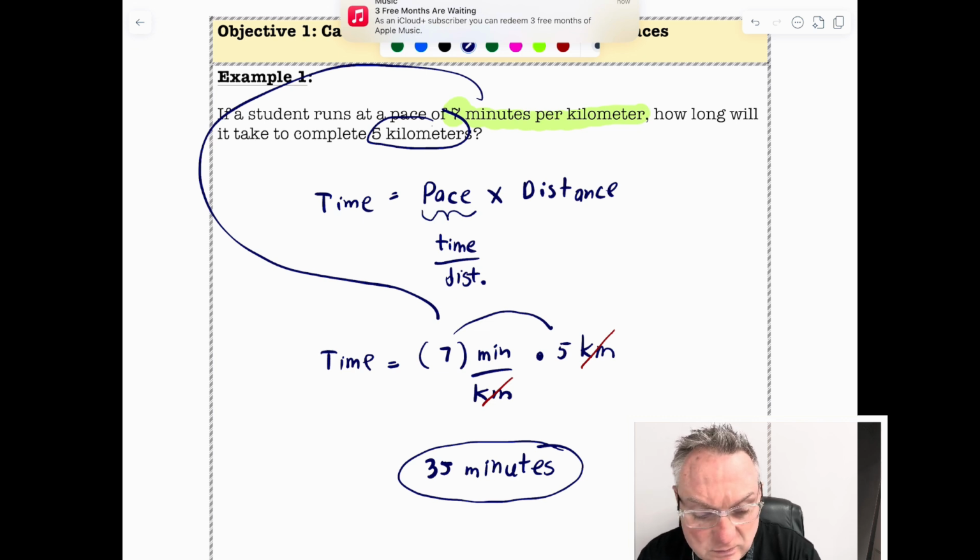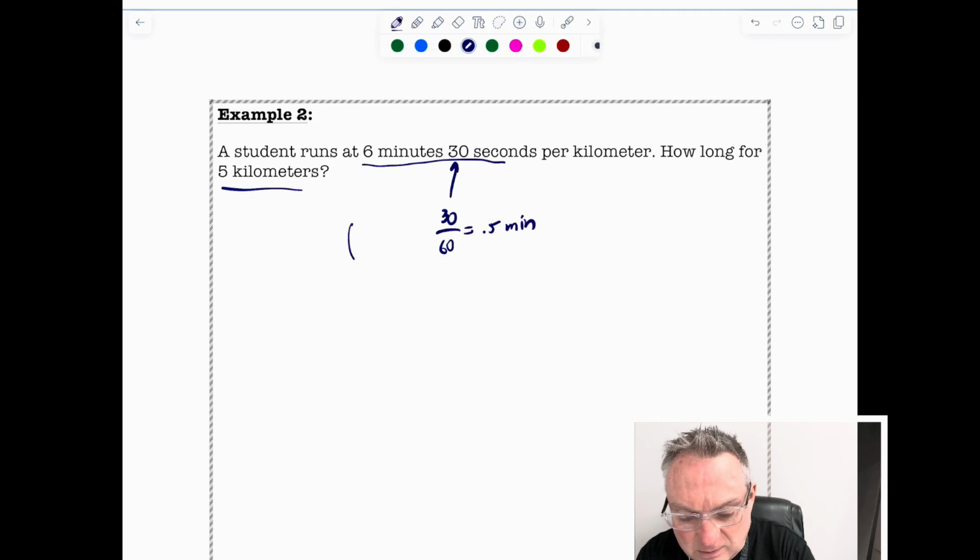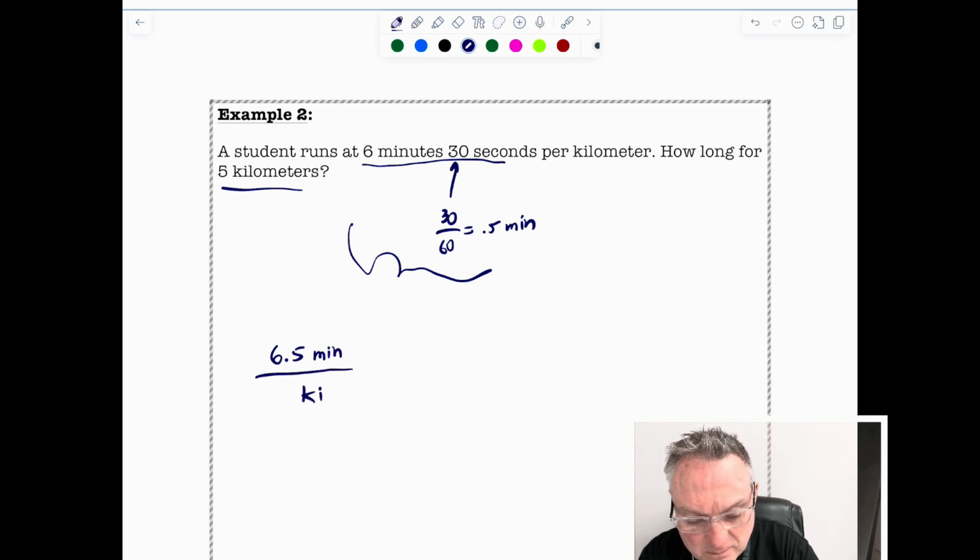Okay, so on our next example, a student runs at a pace of 6 minutes, 30 seconds. How long does it take to do 5 kilometers? Okay, so 30 seconds, what's that as a decimal? 30 out of 60, that's 0.5 of a minute. So 6 minutes and 30 seconds is 6.5 minutes per kilometer. And we're going to multiply that by the 5 kilometers.